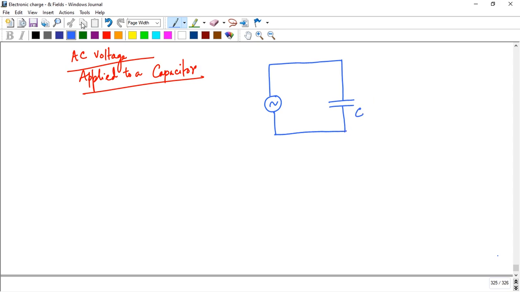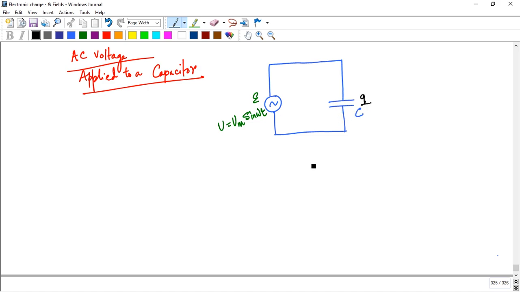So that's the EMF, and that's the potential, V equal to Vm sin omega t, where Vm is the maximum voltage. The capacitor stores Q amount of charge.